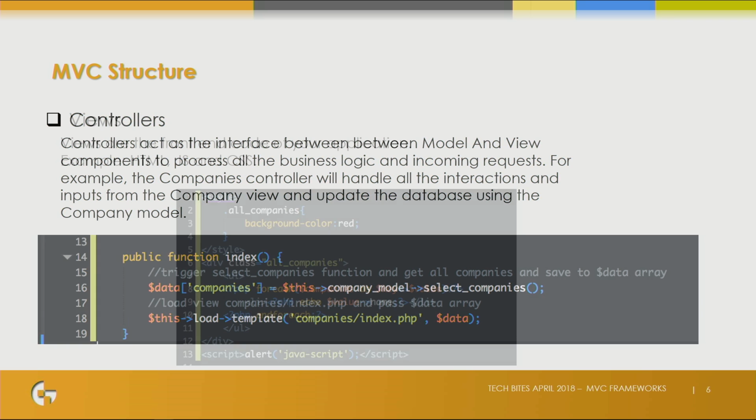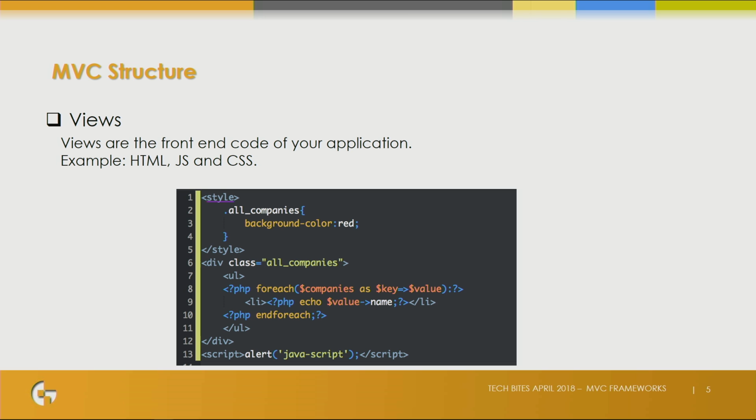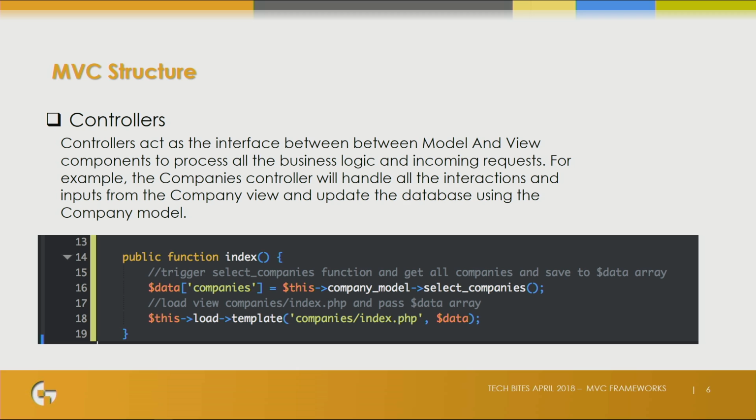And this is your view. The company in here is your data array, and you will notice I'm passing it here as the data. So the controller, at the end, will just push everything back to the views.